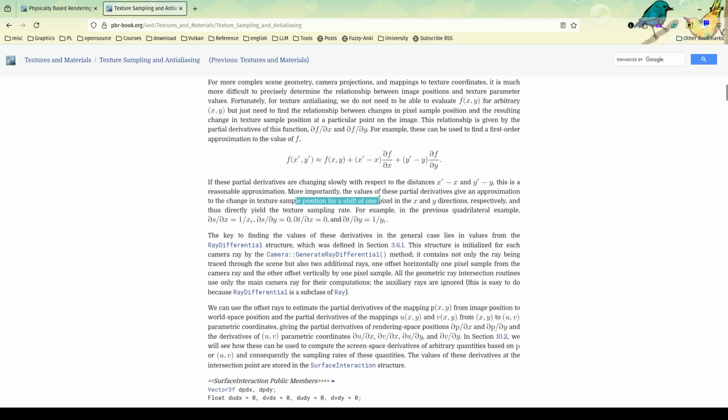And thus they directly yield the texture sampling rate. For example, in the previous quadrilateral example, yeah, if we know the partial derivatives, we're done basically.